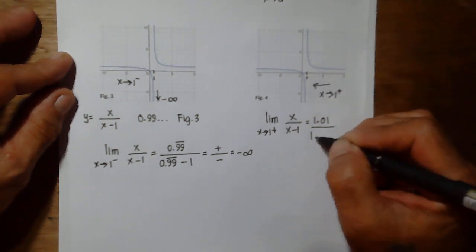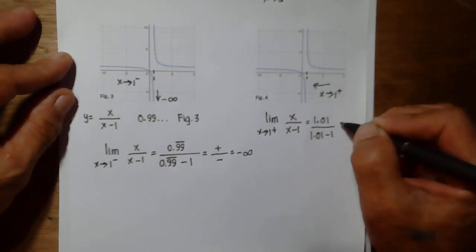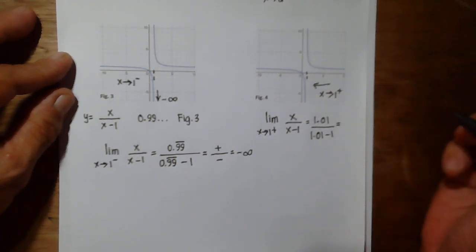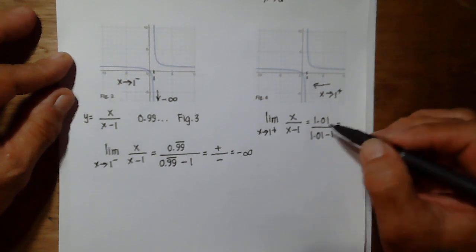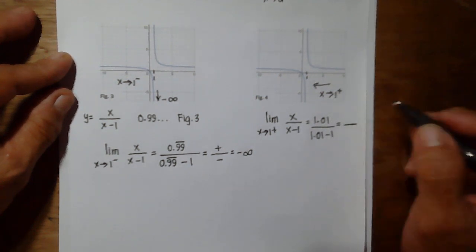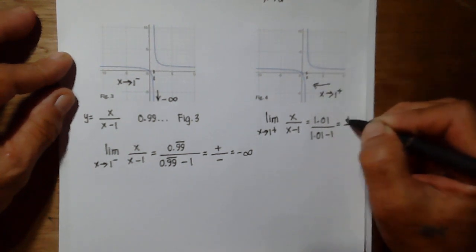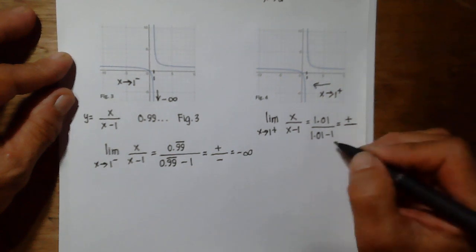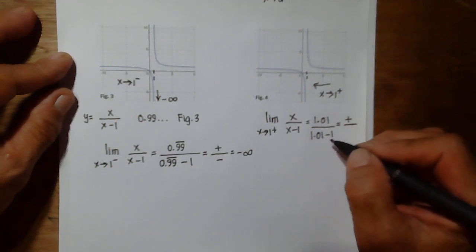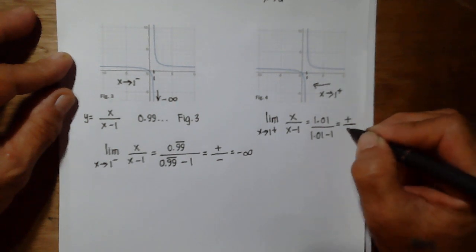Now by substitution, 1.01 over 1.01 minus 1. Okay. So the numerator is a positive number. Okay, and the denominator, if you subtract 1 from 1.01, again you get a positive number.